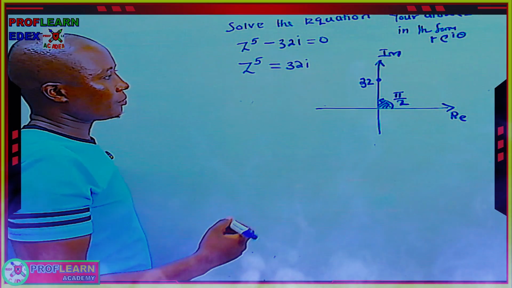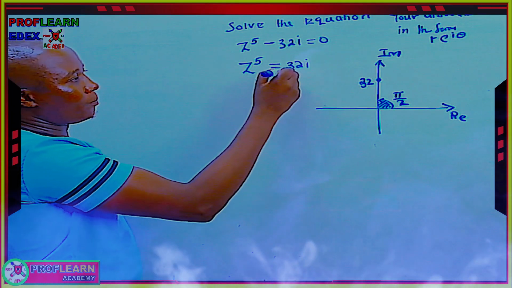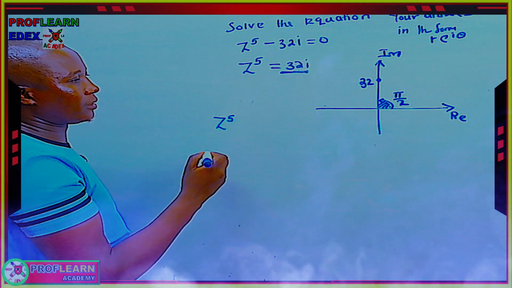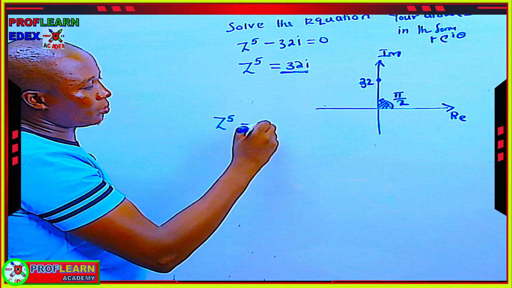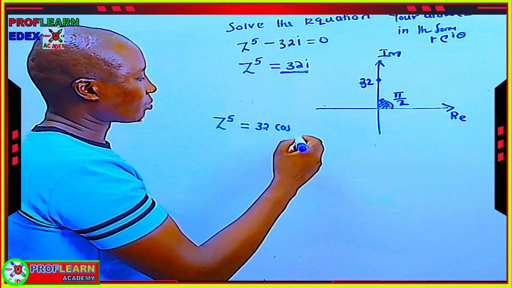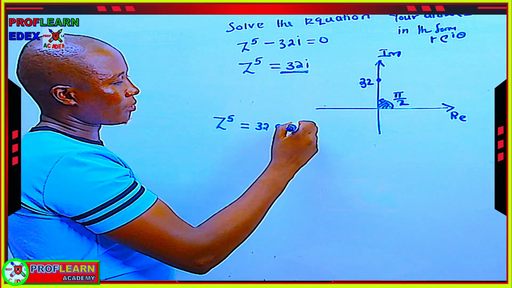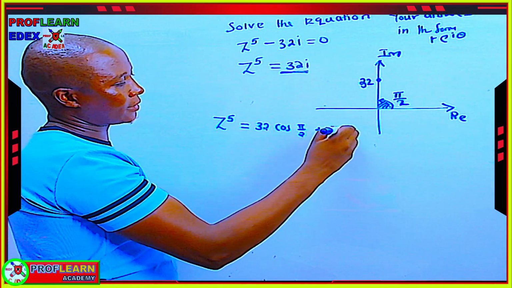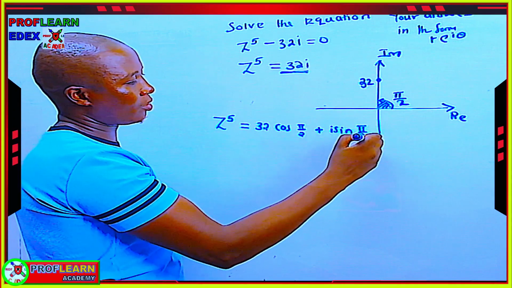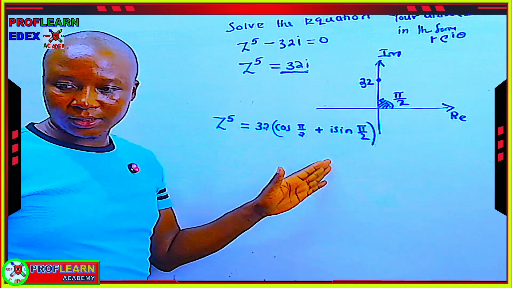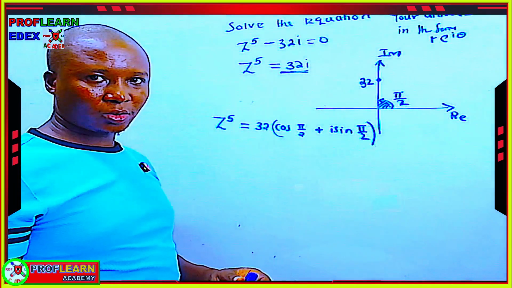In modulus argument form, this can be written as z to the power 5 is equal to 32 into bracket cos pi over 2 plus i sine pi over 2. This is how this particular question is going to be given.